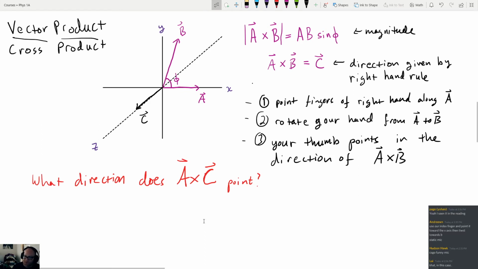What direction is that point? It's not towards B. That's wrong. It is along the y-axis. I see some people saying j hat, but that's not technically the right answer. It's down. It's negative j hat. That's exactly right. So A cross C would go this way.